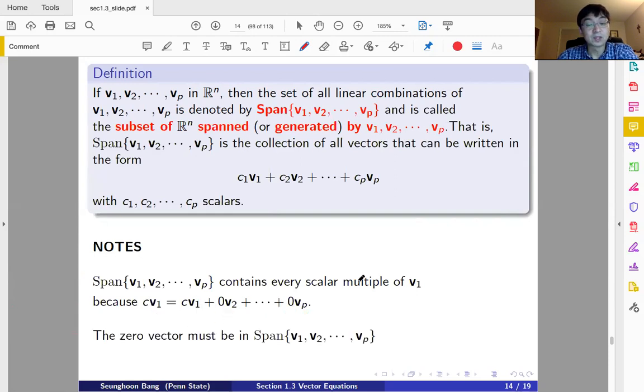The zero vector must be in span v1, v2, vp because the zero vector is exactly the same as 0 times v1 plus 0 times v2 plus till 0 times vp. This is the reason. The zero vector is always in span v1, v2 till vp.